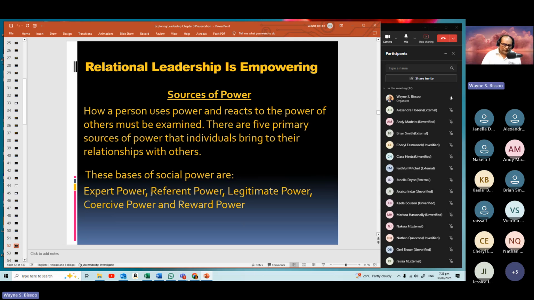Referent power is similar to expert, but referent power develops over time. Somebody in the organization ends up in a position where they are viewed by the other people in the organization as sort of a sage.